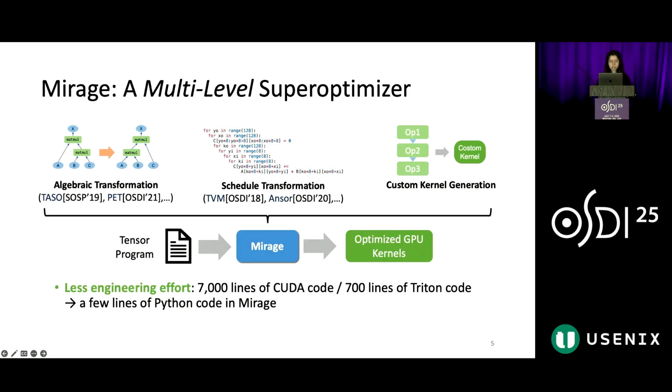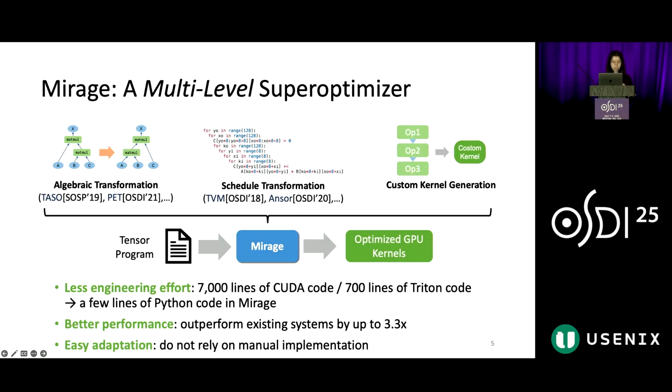Mirage requires less engineering effort, where the users only need to write a few lines of Python code to define the computation, instead of writing thousands of lines of CUDA code or hundreds of lines of Triton code. Mirage also outperforms existing systems by up to 3.3 times in our benchmarks. Moreover, Mirage does not rely on manual implementation and can be easily adapted to new models and new hardware components.